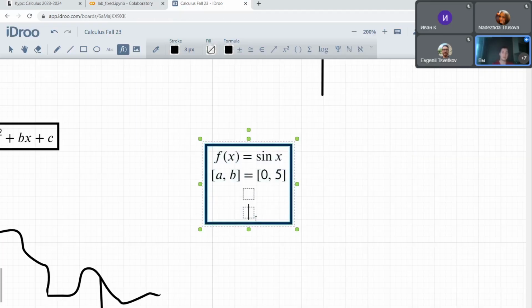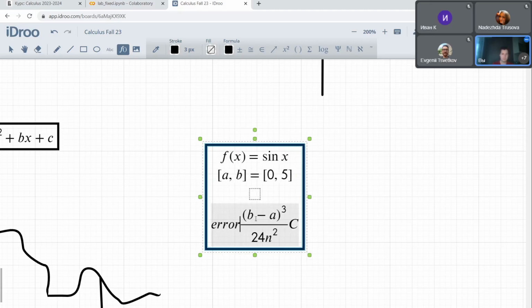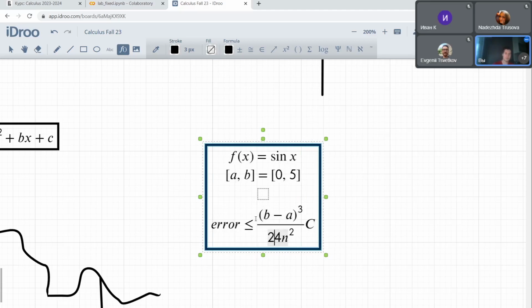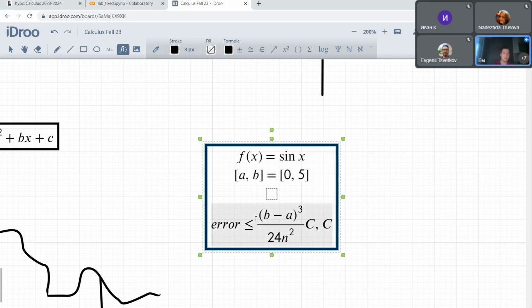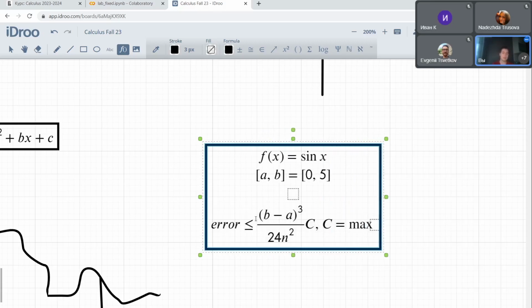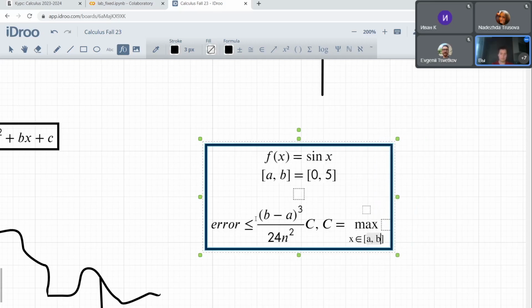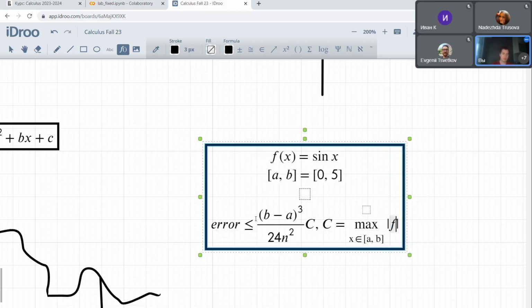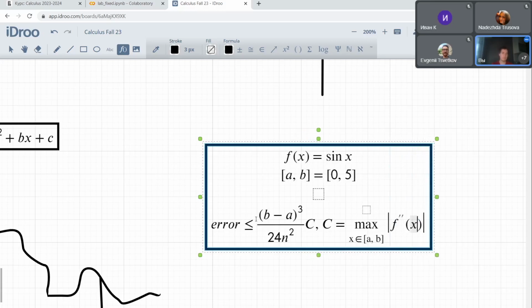We have a possibility to estimate the size of the error: (b minus a) cubed over 24 n squared, multiplied by c, and c is the max of the second derivative of your function.